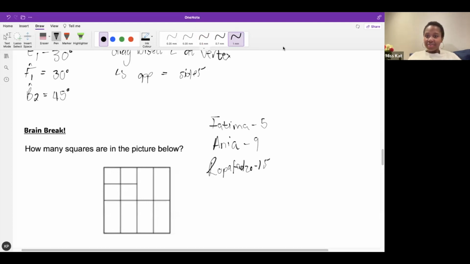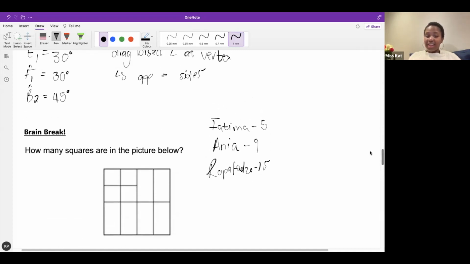I think we should count. What do you guys think? If I don't find some, you guys are going to have to help me. I'm going to do a tally as I count. So we have the big one. That's 1, right? And then we have these 4: 1, 2, 3, 4. That's 5.